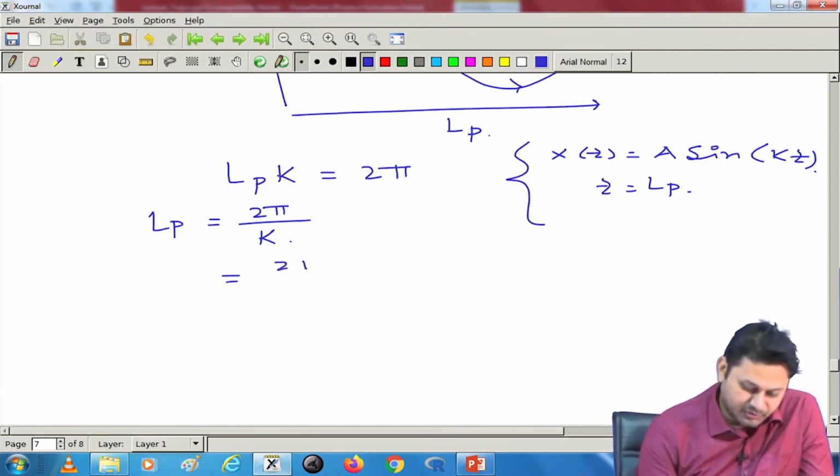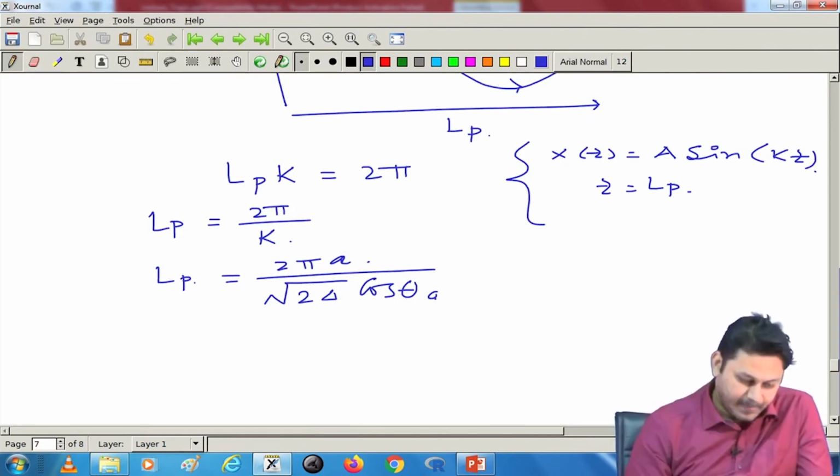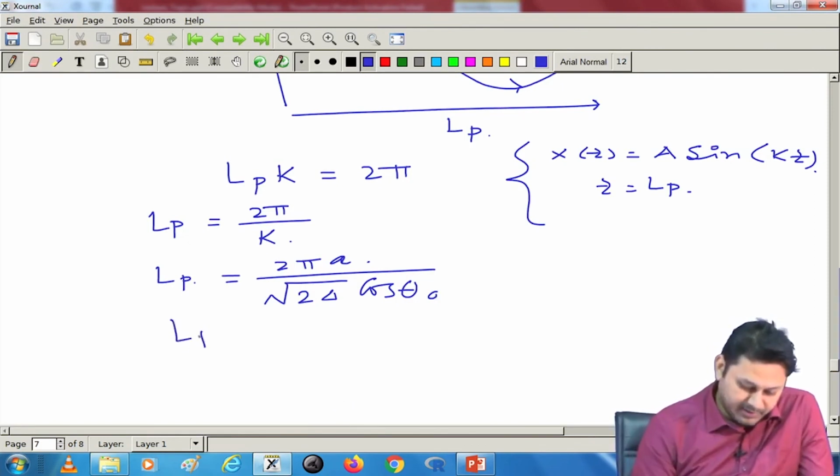So, it should be 2 pi A divided by root of 2 delta cos theta 0. Now, you can see LP is a function of theta 0, that is the important thing.